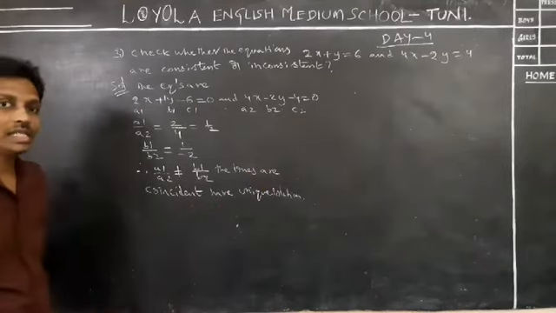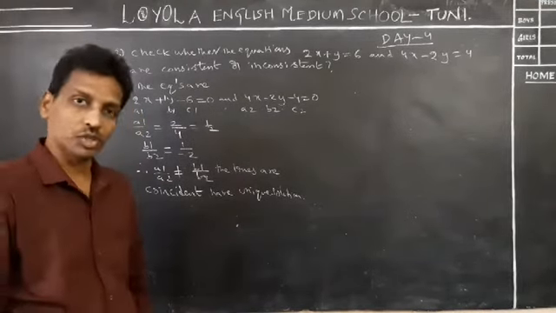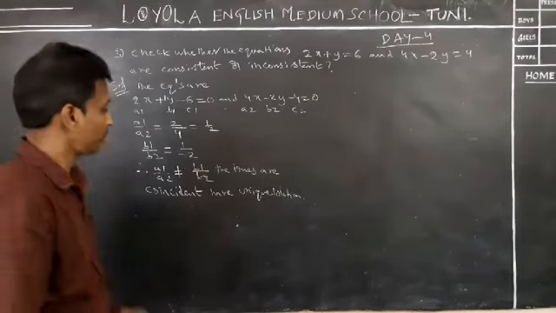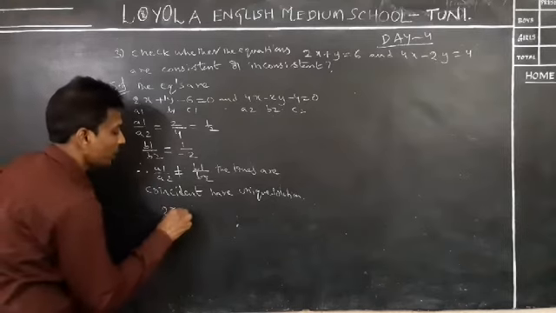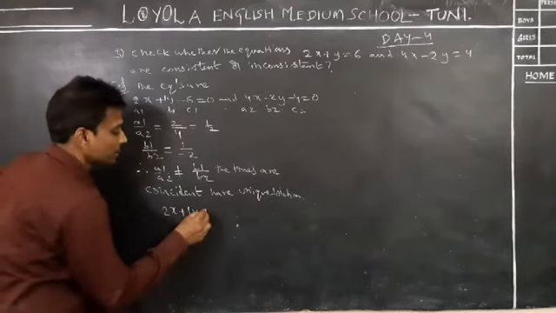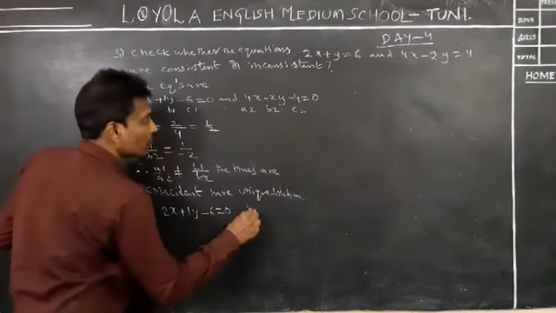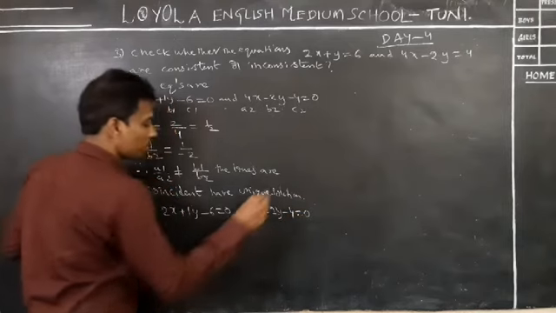After writing this, we have to prepare suitable tabular forms by choosing two ordered pairs for both the tables. So the first condition is 2x plus 1y minus 6 equal to 0 and 4x minus 2y minus 4 equal to 0.